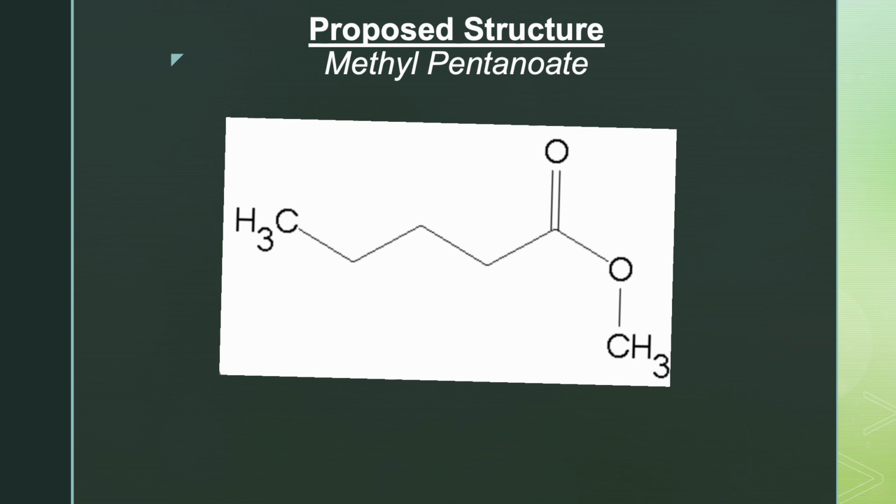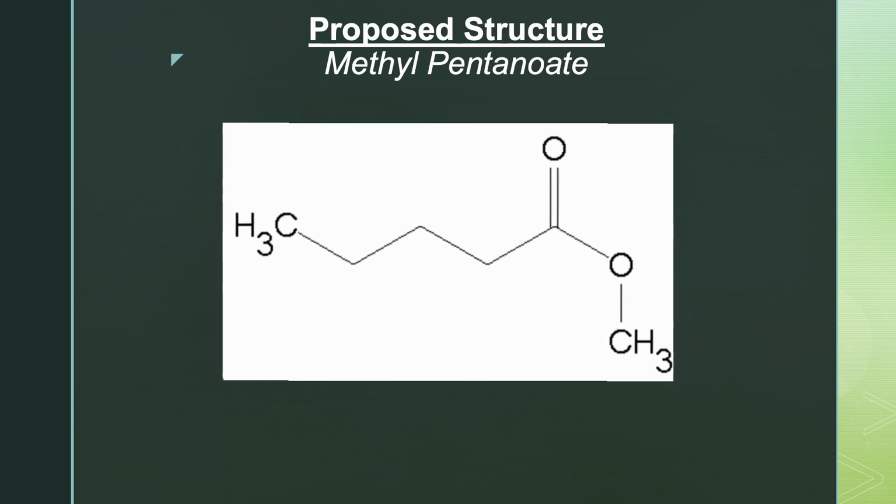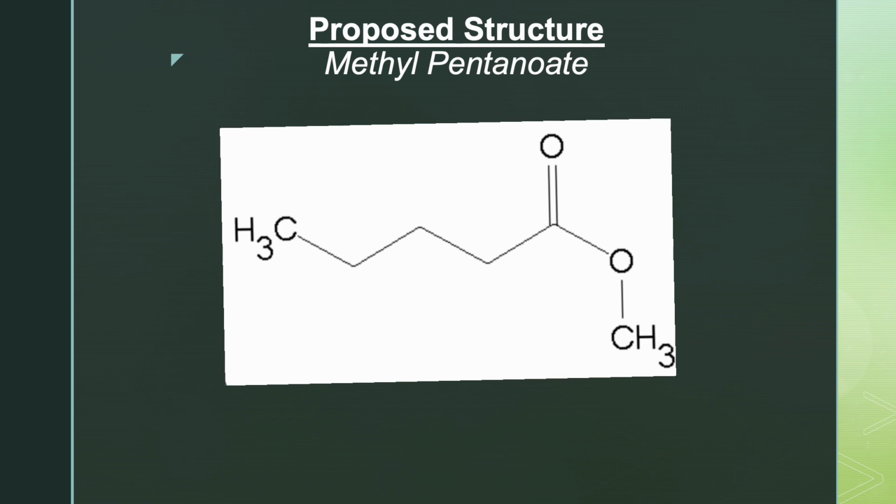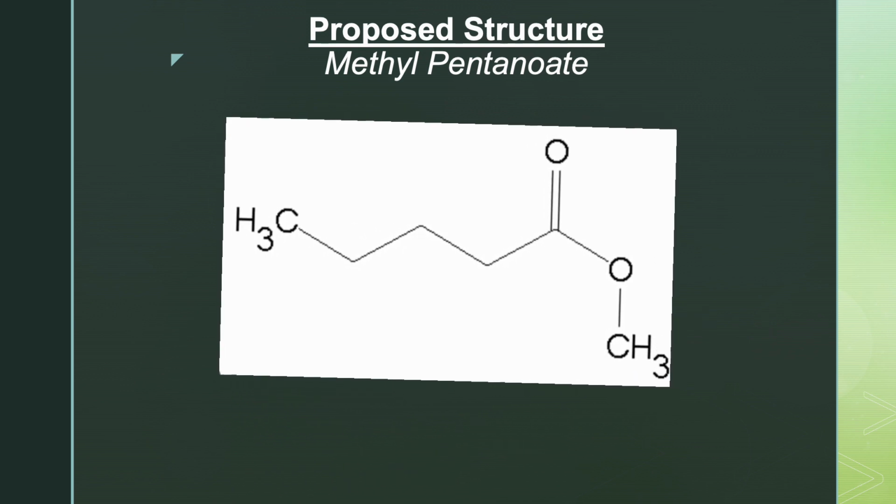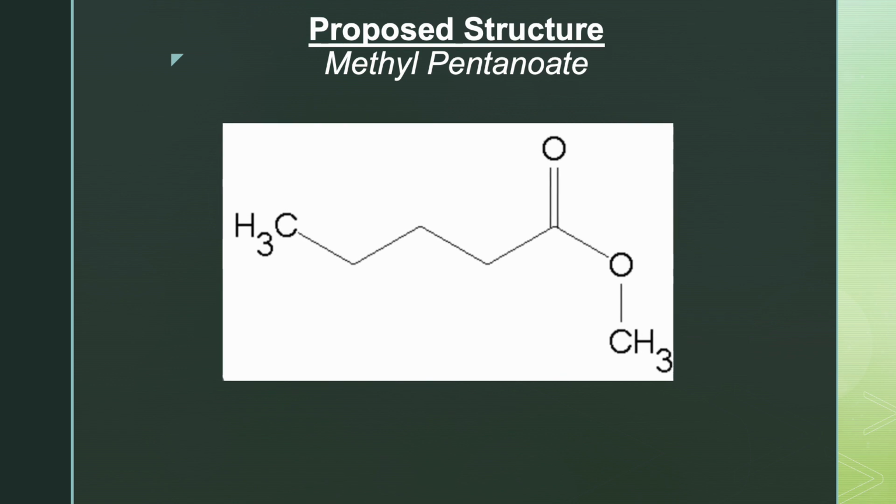Well, we can rule out the ring because with the IR, there was no classic stretch around 1600. And in our 13C NMR, there was no peak at about 150 parts per million, which we would expect to see with a ring. There was one at 175, but that's more like an ester.